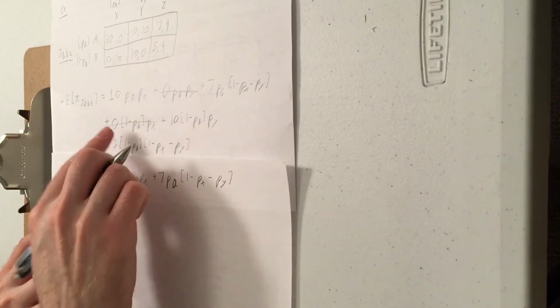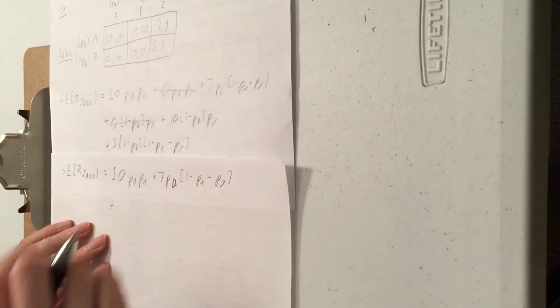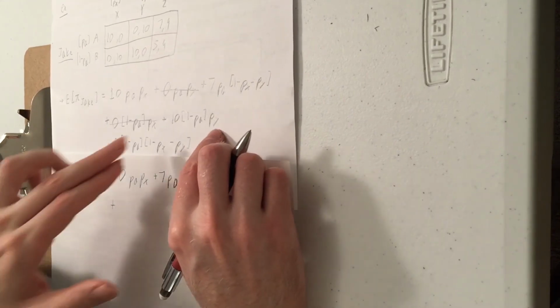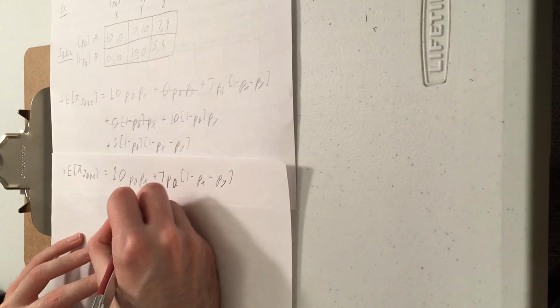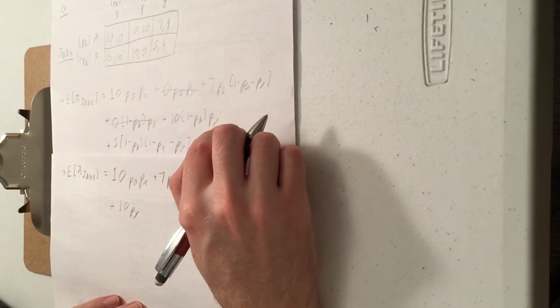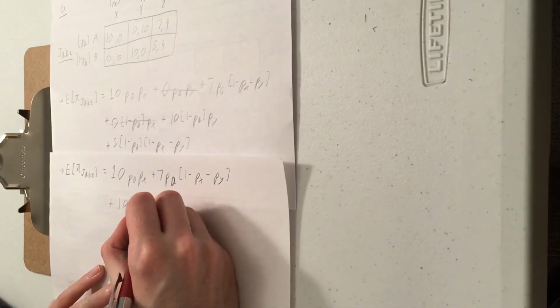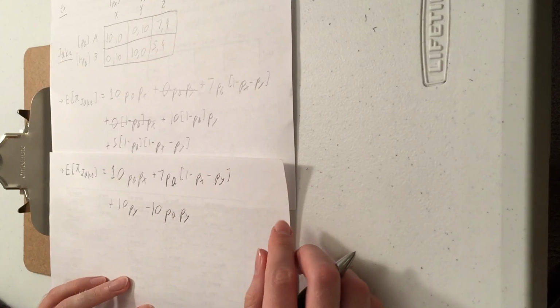That canceled out because of the 0. And I'll go expand this one here. So we have a 10 times a 1 times a PY, so 10 PY. I also have a 10 times a minus PA times a PY, so minus 10 PA PY.